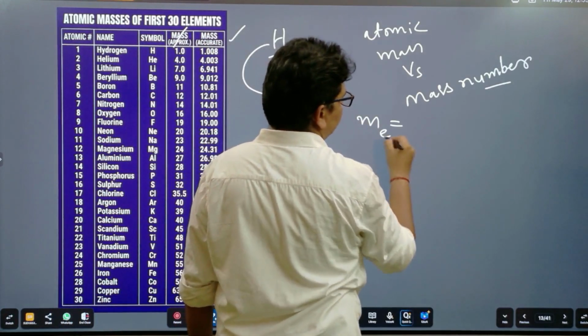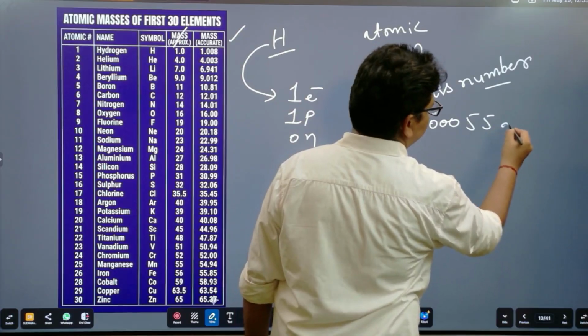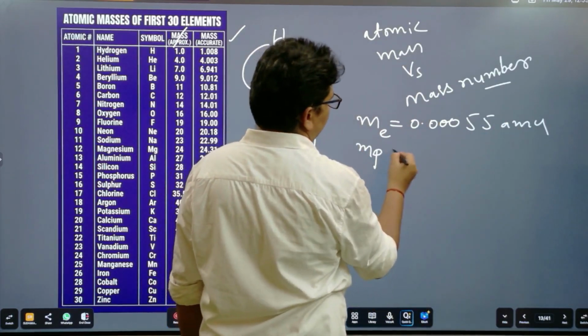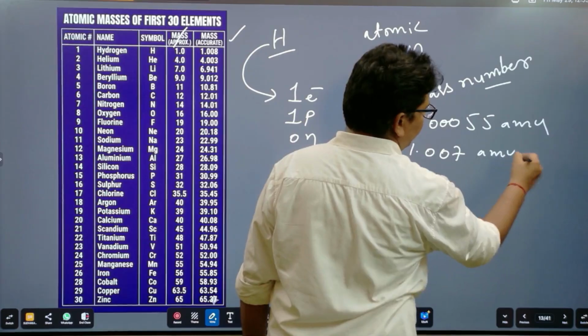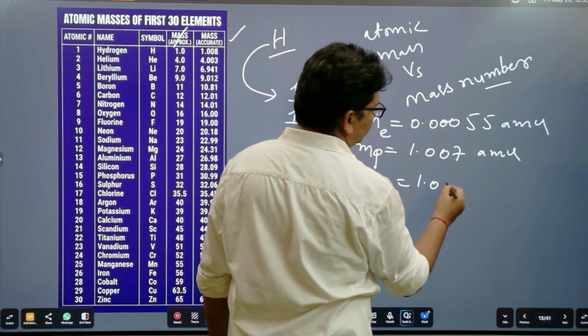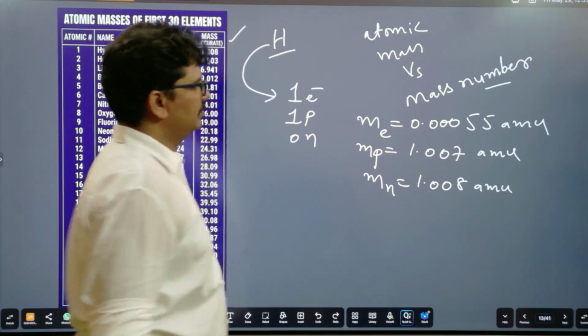Mass of electron is 0.00055 AMU, mass of proton is approximately 1.007 AMU, and mass of neutron is 1.008 AMU.